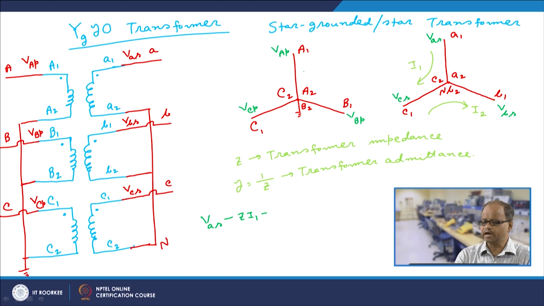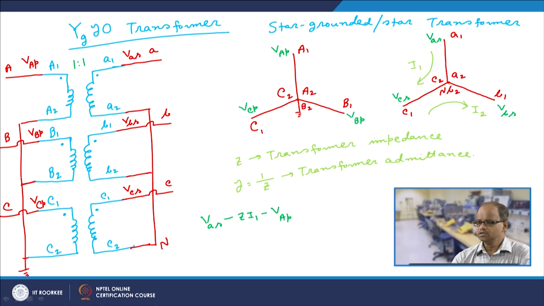That reflected voltage will also be from this to this, and it would be VAP. Here we are assuming that this is a 1:1 transformer. So, VAS minus this drop, and then the voltage drop due to this reflected voltage of the primary side to the secondary side.